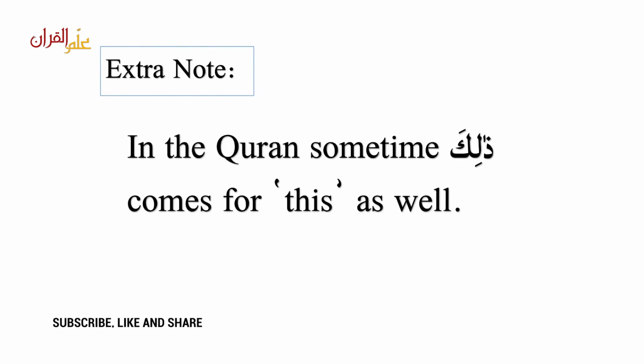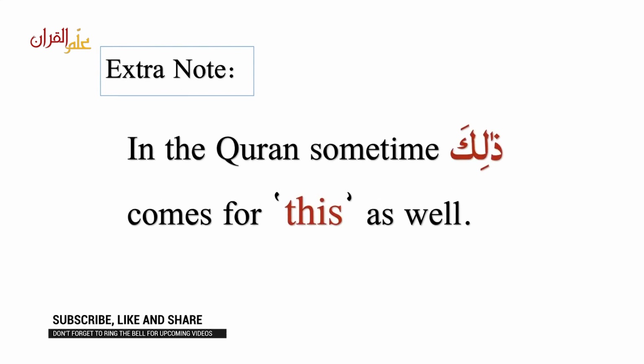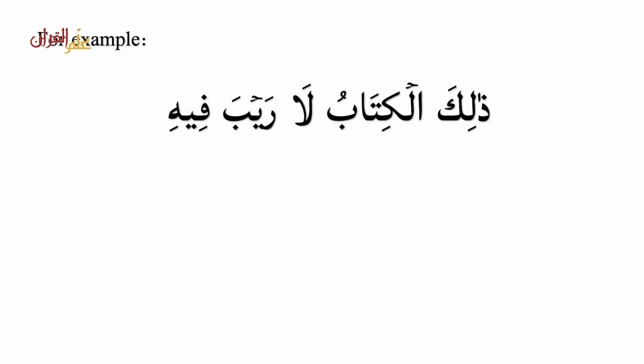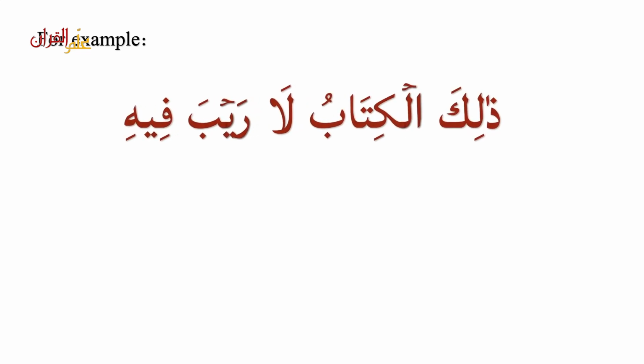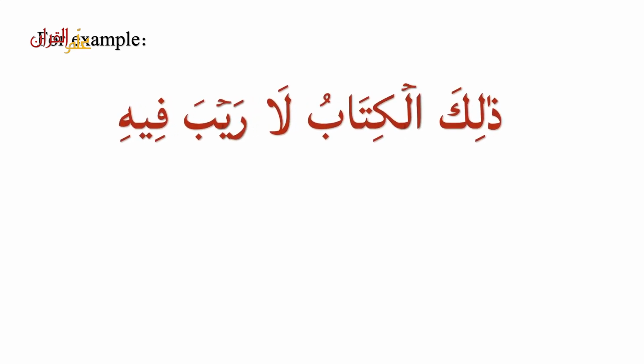One extra note to remember: in the Quran sometimes ذلك comes for the meaning of this. You should not be worried when you see ذلك with the meaning of this. For example, ذلك الكتاب لا ريب فيه.